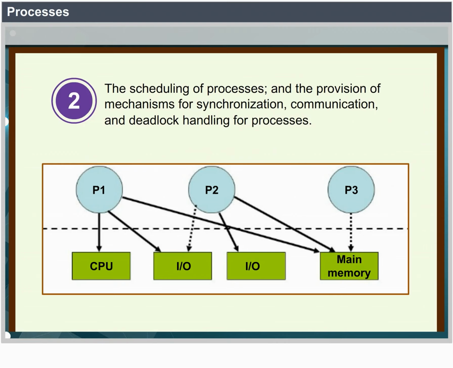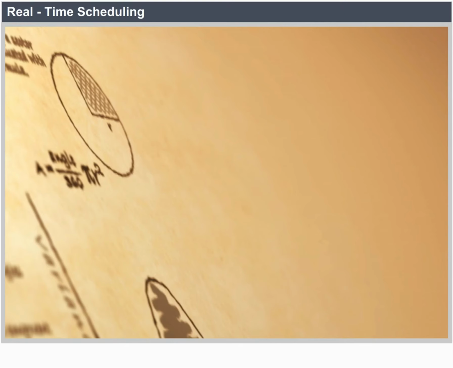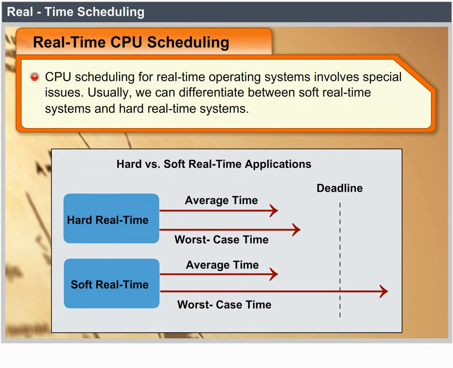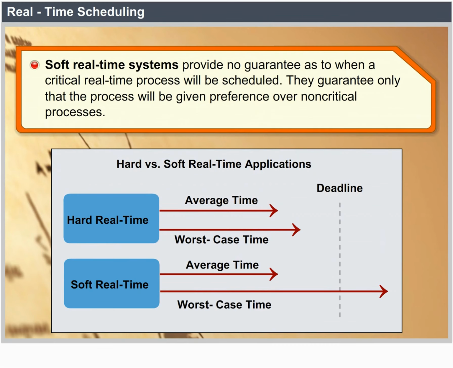Real-time scheduling. Real-time CPU scheduling. CPU scheduling for real-time operating systems involves special issues. In general, we can distinguish between soft real-time systems and hard real-time systems. Soft real-time systems provide no guarantee as to when a critical real-time process will be scheduled.